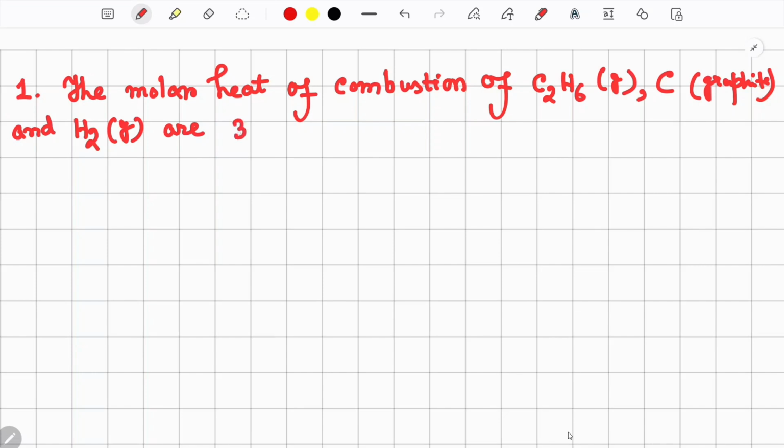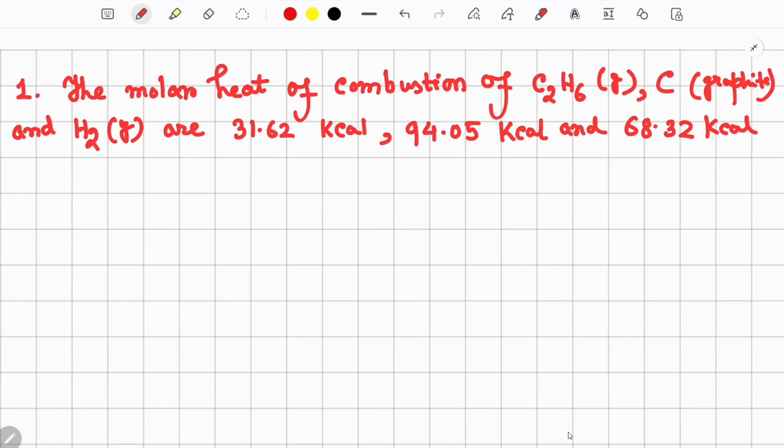These values are 13.62 kilocalorie, 94.05 kilocalorie, and 68.32 kilocalorie, respectively.